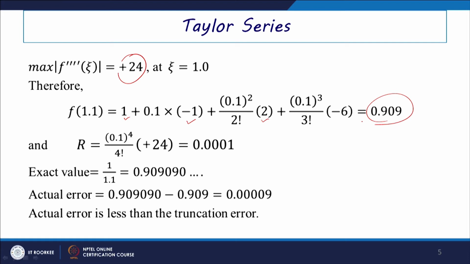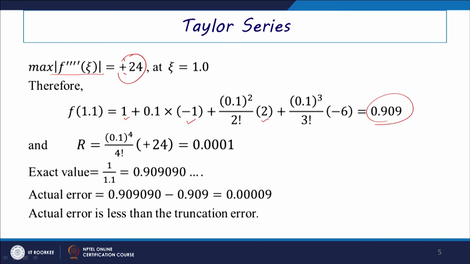And for the computation of the error term, that is nothing but R as h to the power 4, that is 0.1 whole to the power 4 by 4 factorial into the maximum value of f fourth of zeta here, that is nothing but minus 24 here. So if we take this maximum value in absolute form here, then this absolute value should become plus here.